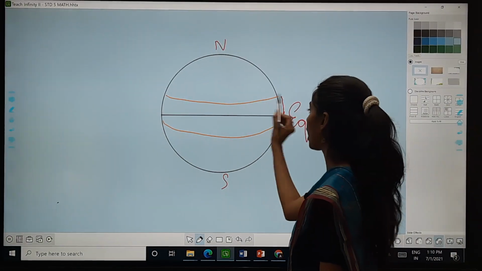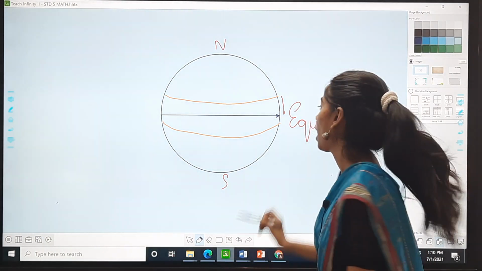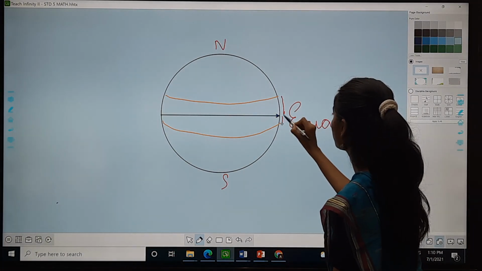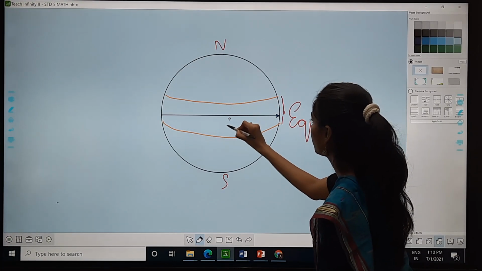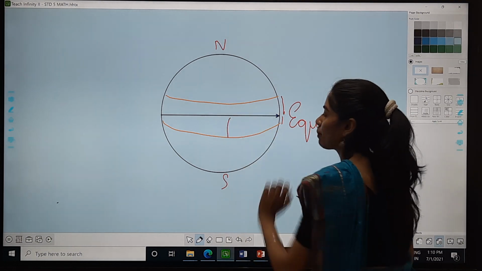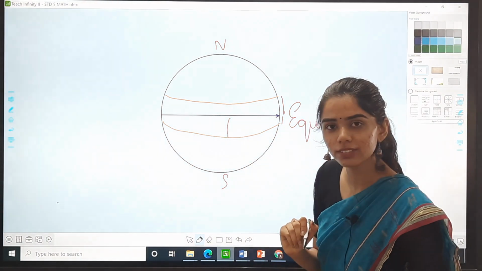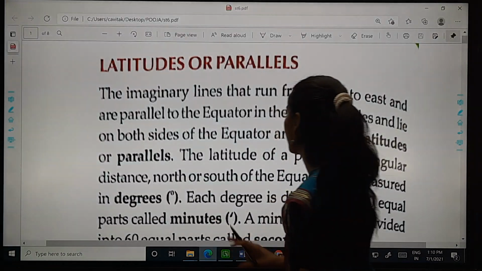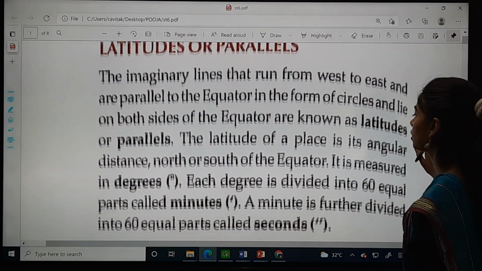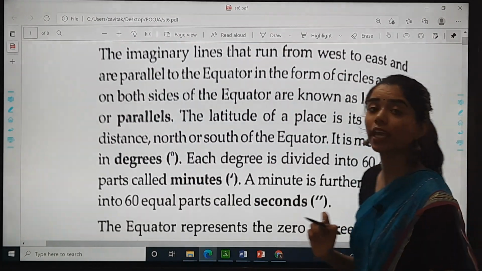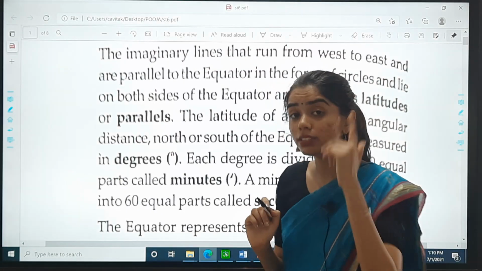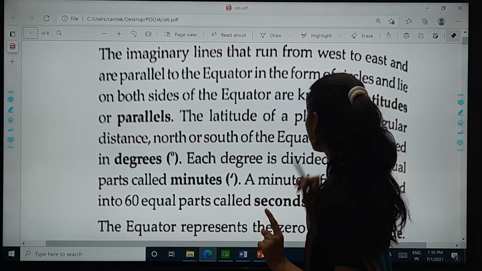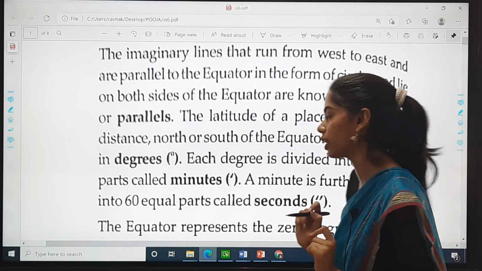Now you see these are the imaginary lines. अब इस line में जो difference है equator से, see, ये जो इतना gap है, this is our latitude. It is measured in degrees. ये degrees में measure होता है.